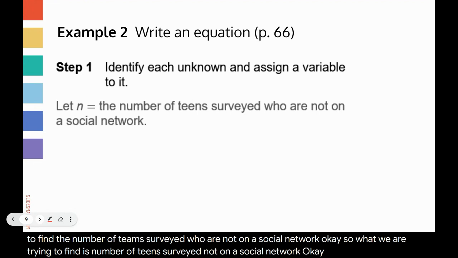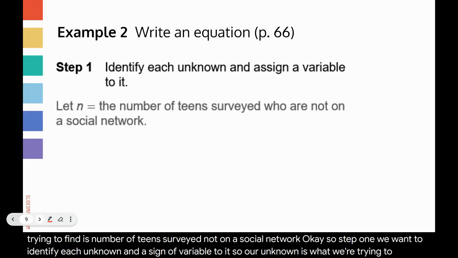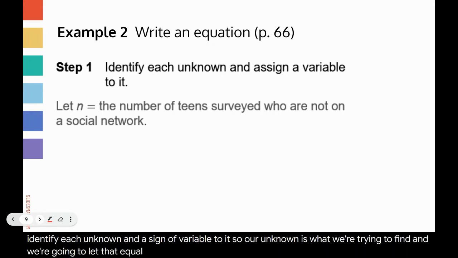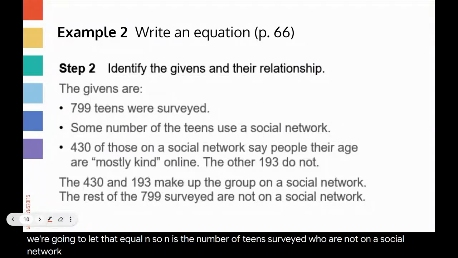Okay, so step 1, we want to identify each unknown and assign a variable to it. So our unknown is what we're trying to find, and we're going to let that equal n. So n is the number of teens surveyed who are not on a social network. Step 2, identify the givens and their relationship.